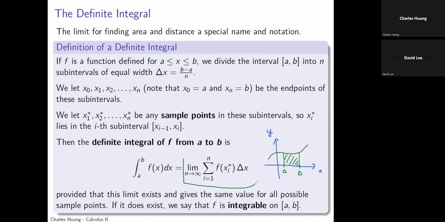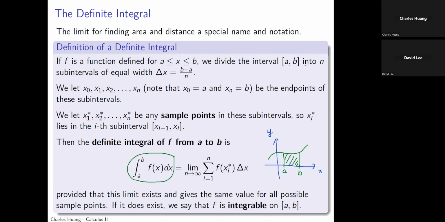Instead of writing it like this, we're going to write it using a different method. We're going to write it like that. So this is the integral form of finding the area. So we're going to represent it with that.